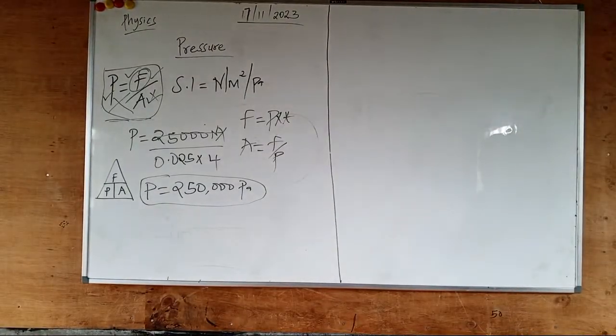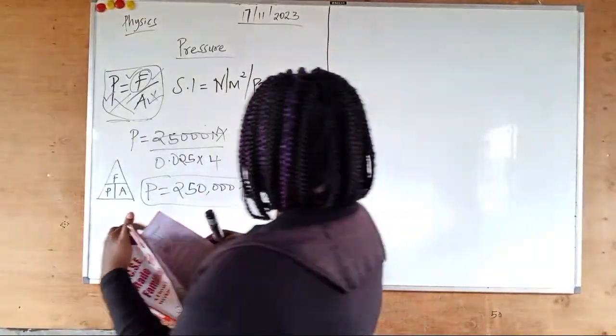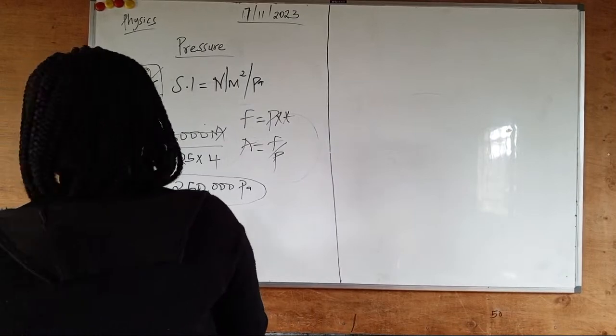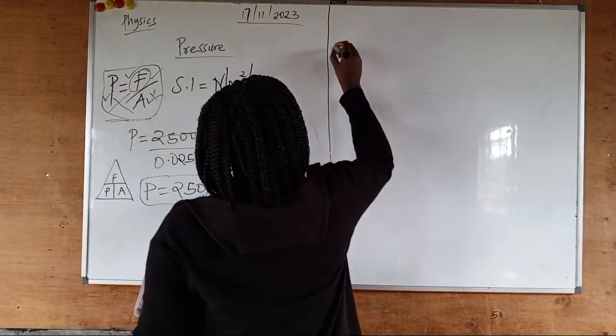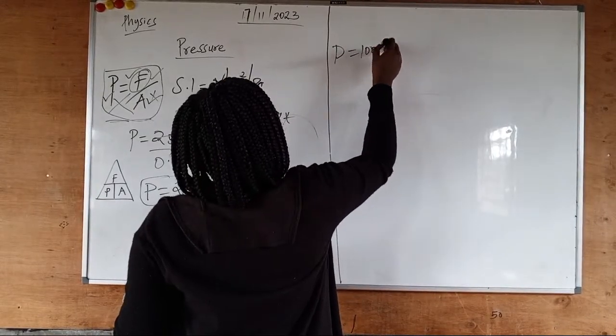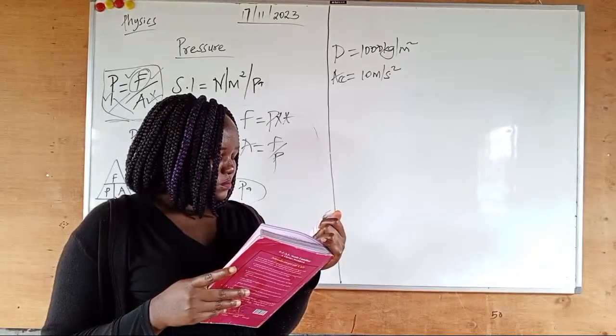I repeat, density of water is 1,000 kg per meter cubed.